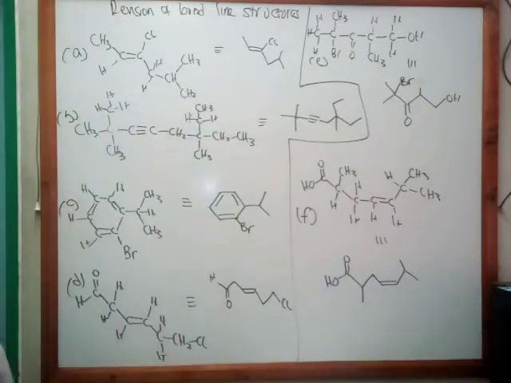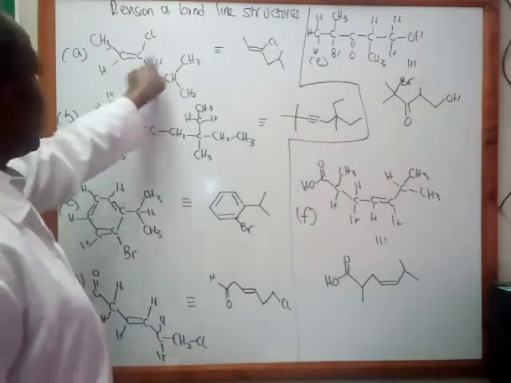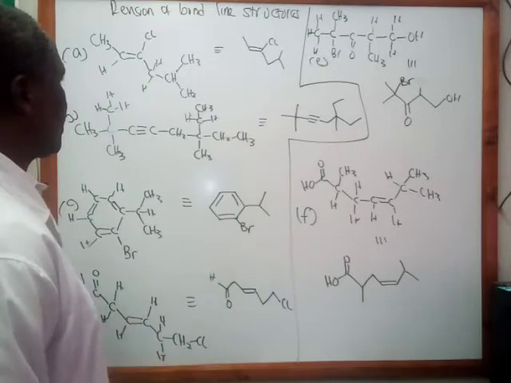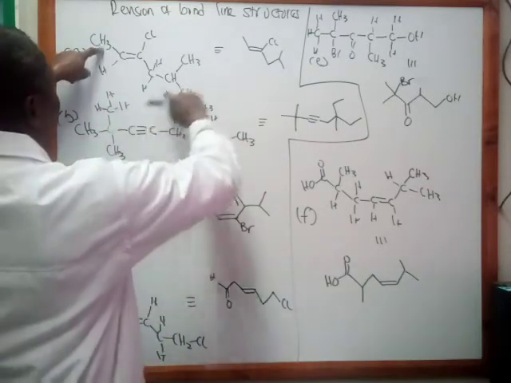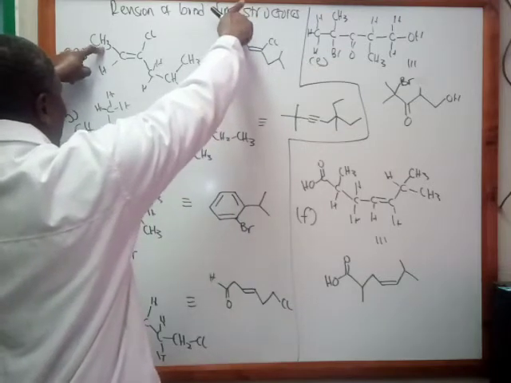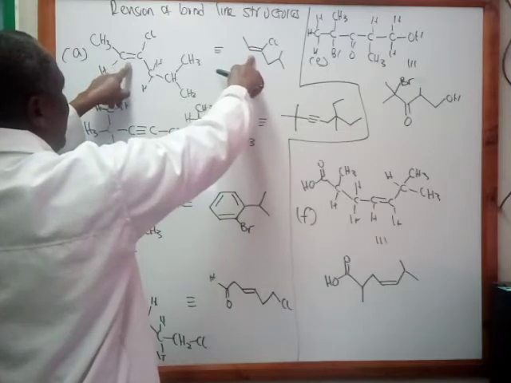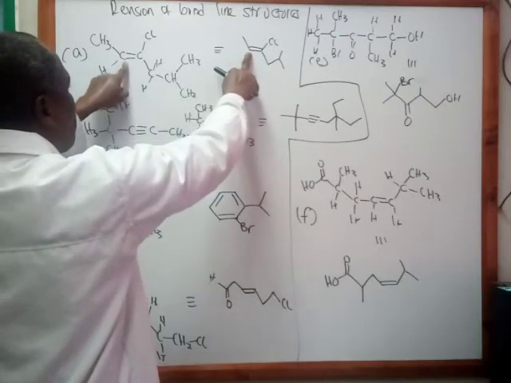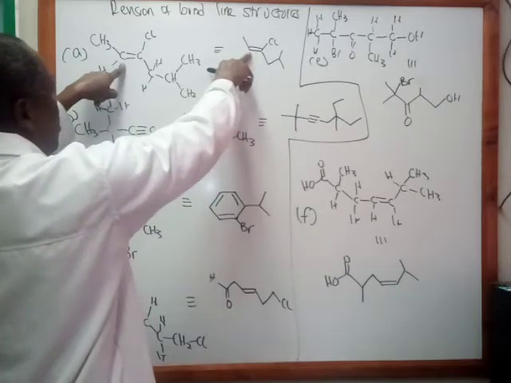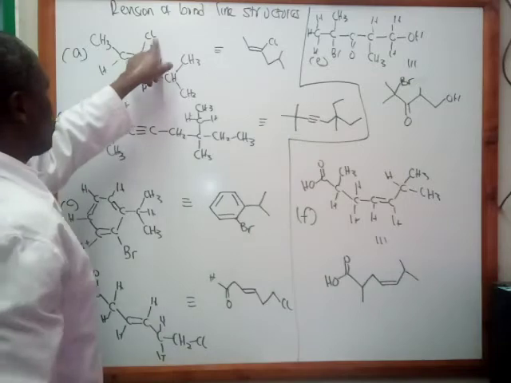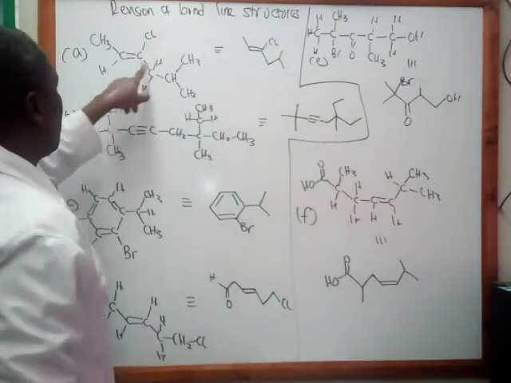So let us see how the first structure converts to the bond line structure. I believe you can see the bond well. A CH3, that's our CH3. Then here there's a double bond. In the bond line structure, hydrogen is not normally shown, but other atoms are shown. So for example, the chlorine is going to be shown here.